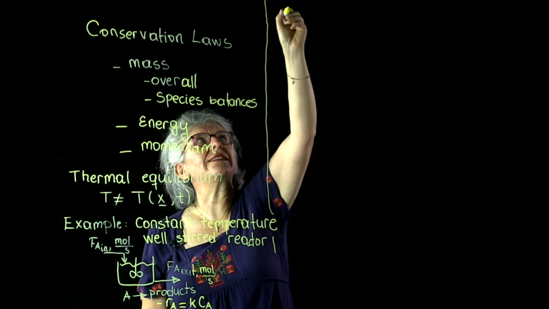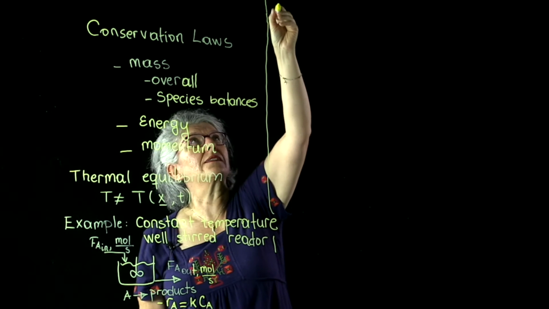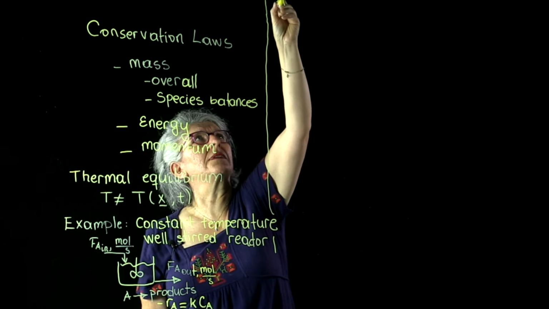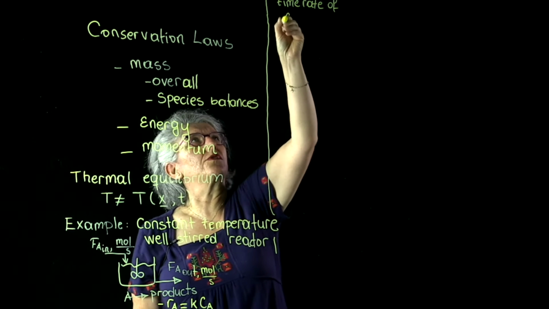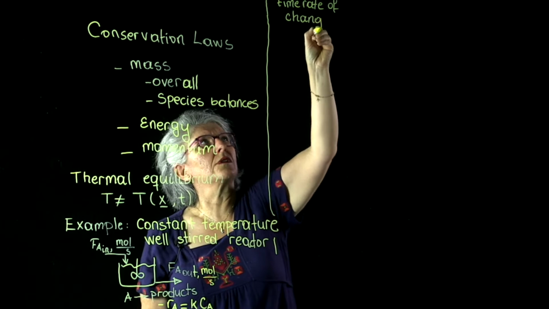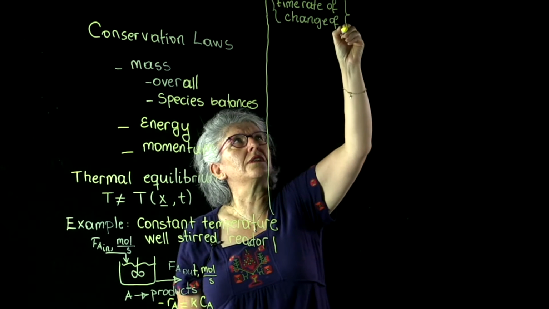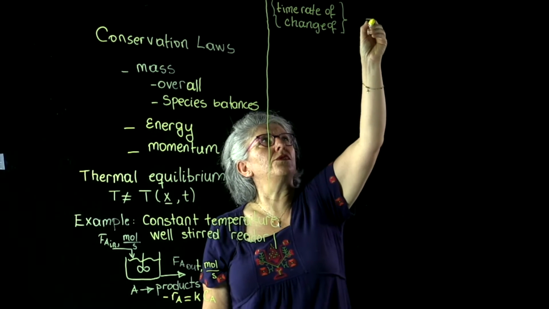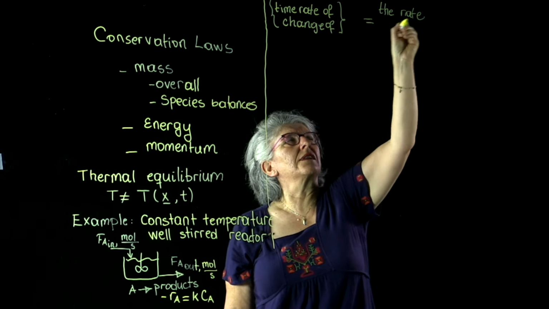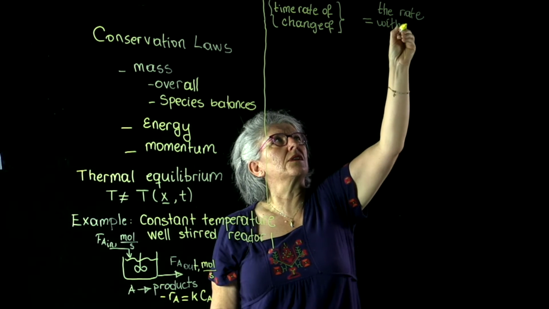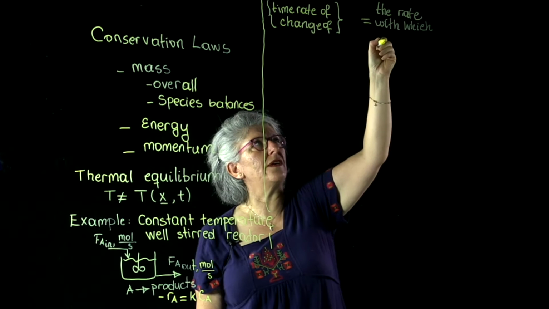We are going to write a general conservation law. The general conservation law is of the following form: time rate of change of the conserved quantity is equal to the rate with which the conserved quantity crosses the surface boundaries.